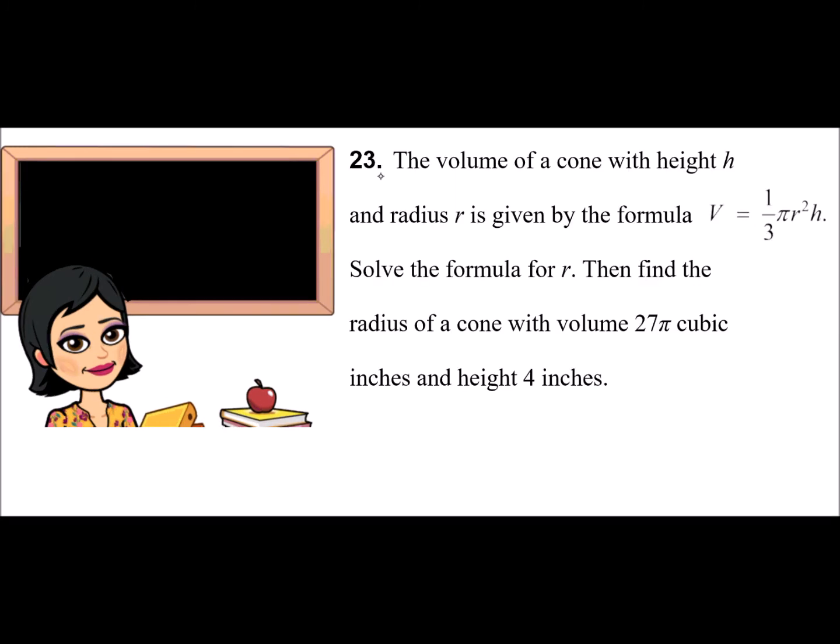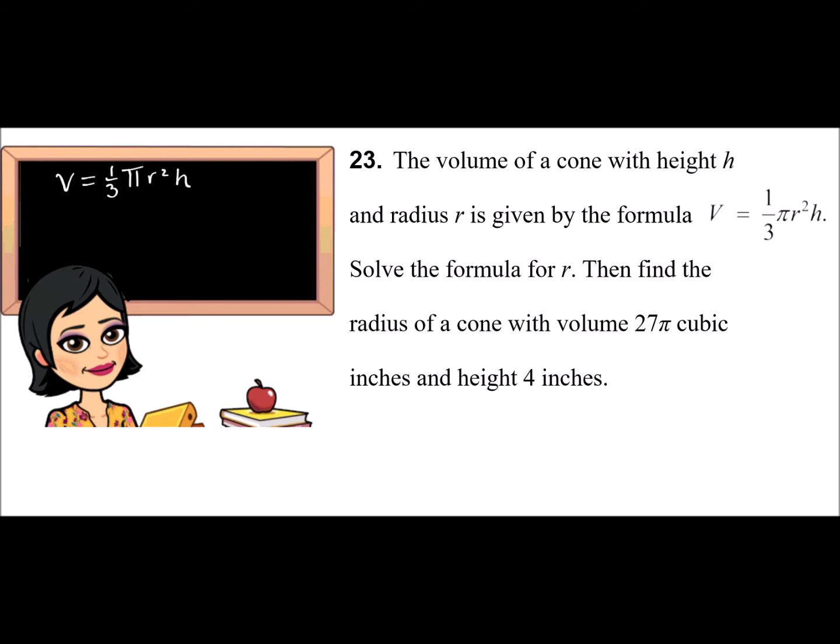Problem 23. The volume of a cone with height h and radius r is given by the formula v equals 1/3 times pi times r squared times h. Solve the formula for r. Then find the radius of a cone with the volume of 27 pi cubic inches and the height of 4 inches.